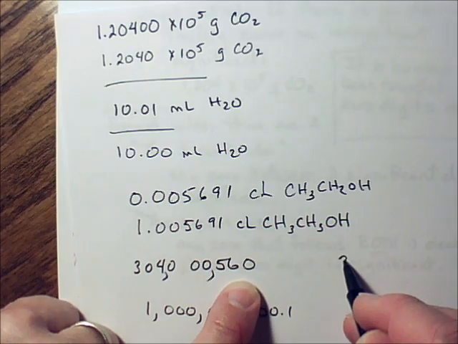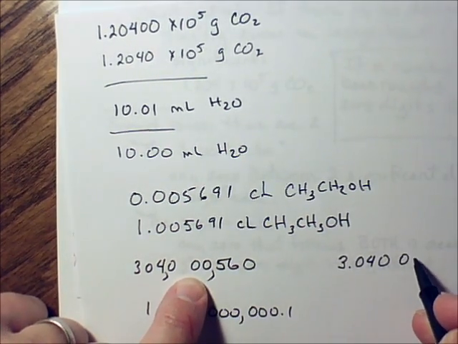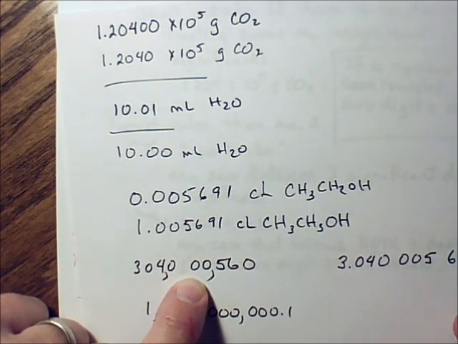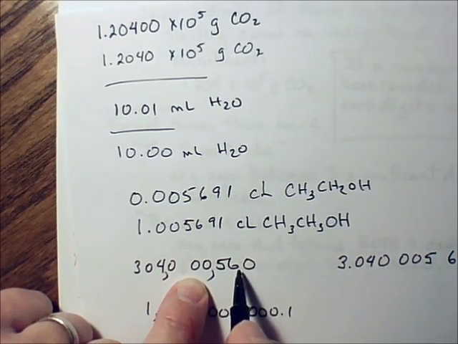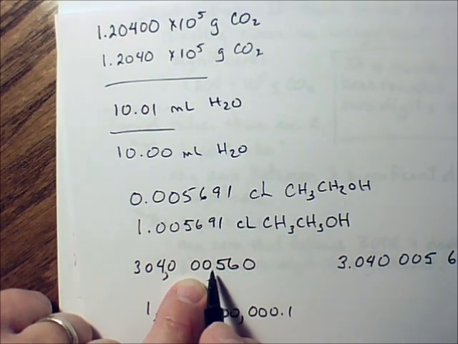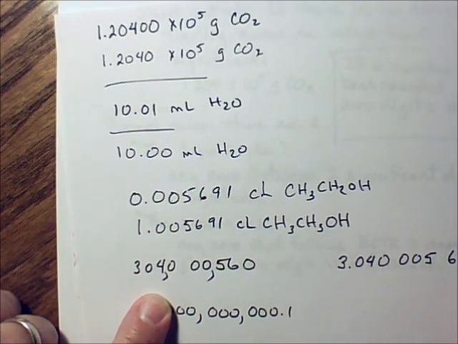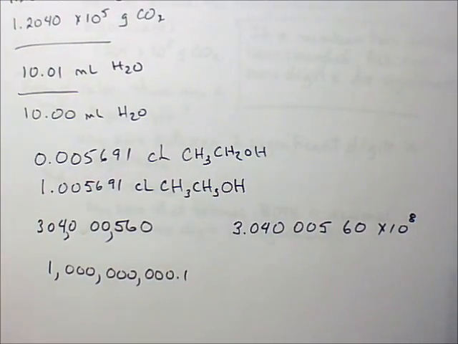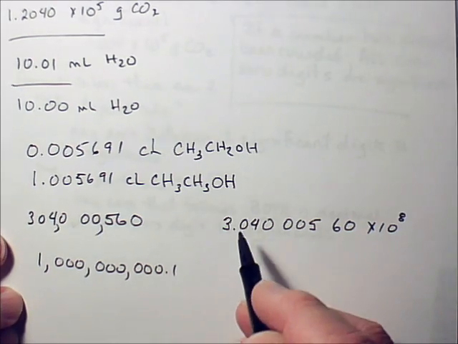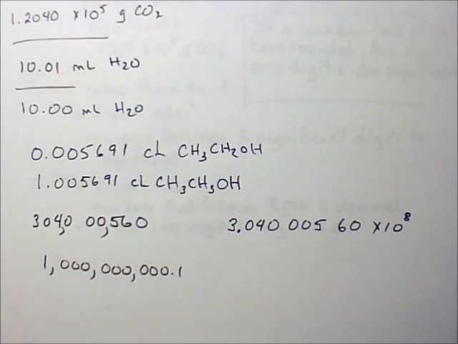And that's to say 3.040000560 times 10 to the 8th. Okay? Oh, I'm sorry, yeah. Okay, so for it to be scientific notation, your decimal place has to be just to the right of the first non-zero digit. Okay?